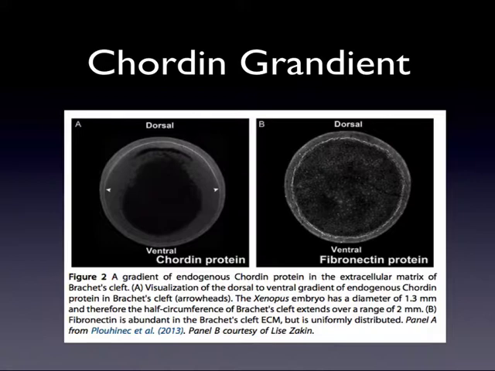There's a definite concentration gradient in chordin. So you've got that chordin being secreted, you've got the BMPs being secreted, and you've got chordin binding to the BMPs and then essentially preventing the BMPs from binding to their receptors.